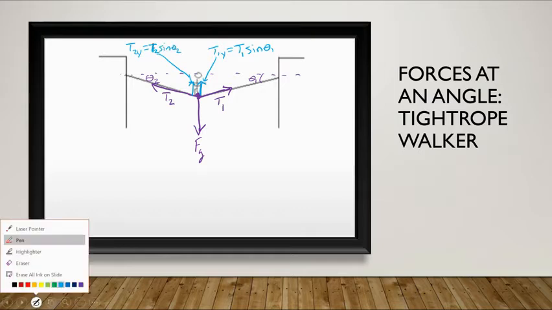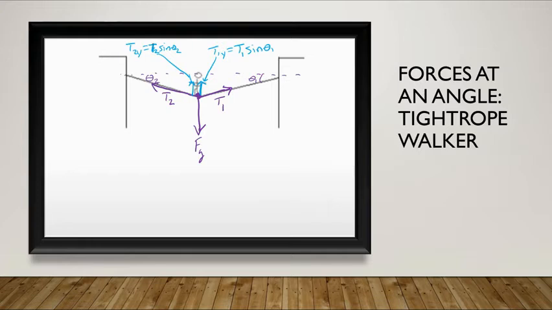And then we have our x values, tension 1x and tension 2x. Tension 1x is tension 1 cosine theta 1, and tension 2x is tension 2 cosine theta 2.